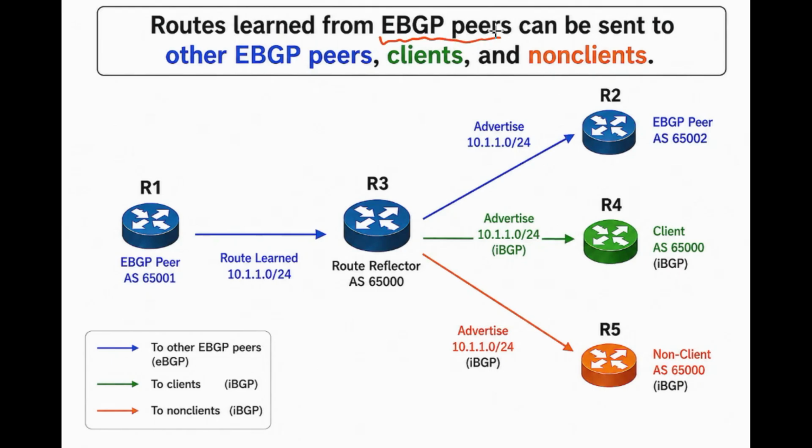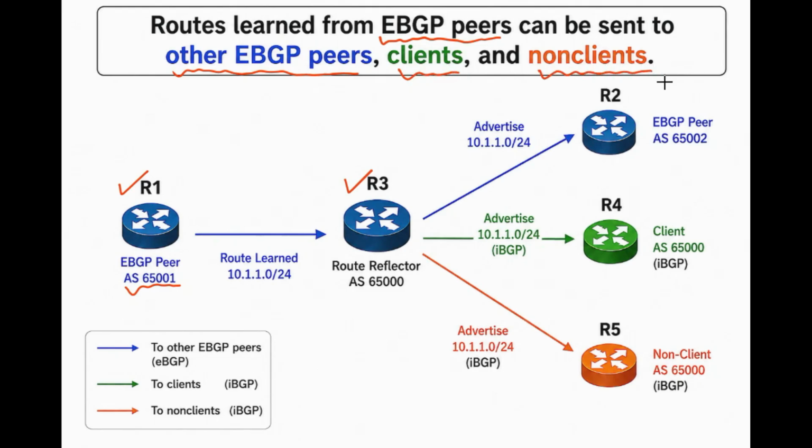Now let's take the third scenario, where the route is learned from an eBGP peer in a different autonomous system. If we look at the topology carefully, router R1 is in autonomous system 65001. It has an eBGP peer with R3. Here the rule says that routes learned from an eBGP peer can be sent to other eBGP peers, clients, and non-clients.